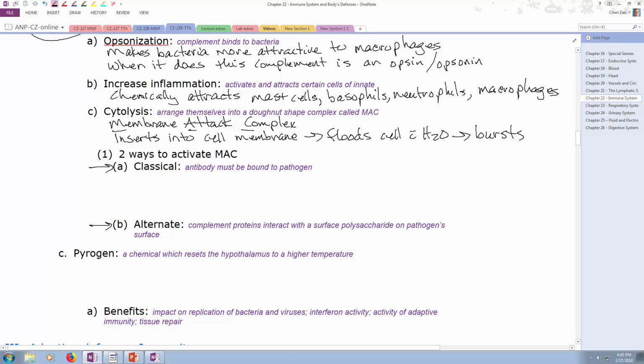The reason they have these two different pathways for complement is that it truly is two different ways of turning on complement to form MAC. The classical pathway was discovered first.